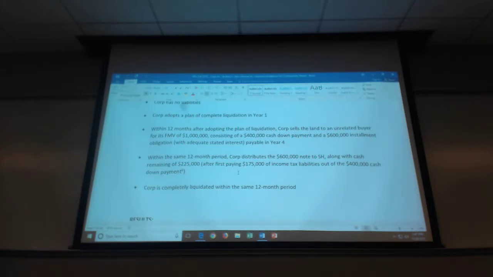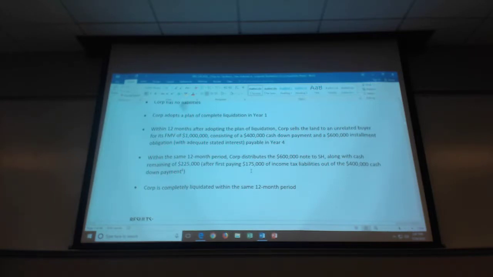To make a long story short, and this is only relevant vis-a-vis this factual assumption, the approximate amount of tax liability that would be incurred by the corporation by reason of having sold the land for $1 million would be roughly $175,000 of taxes.